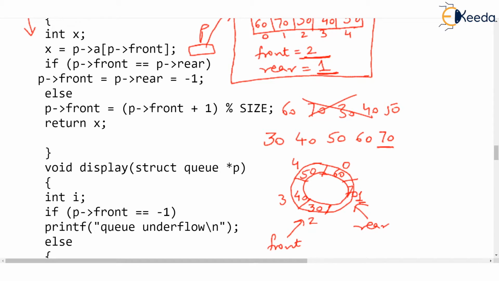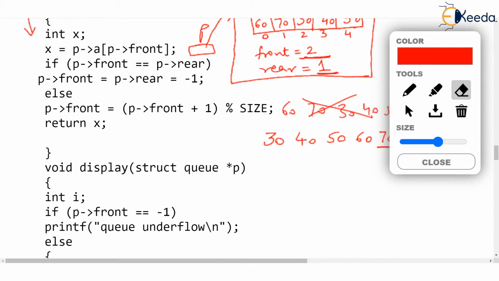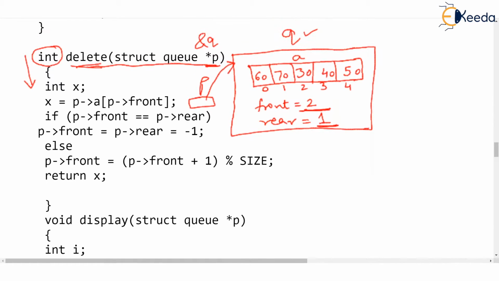So we have to carefully handle a circular queue. It's not that the very first location of the array, that is the 0th location, has to be the first element. You have to see what the value of the front counter is, and depending on that, you have to decide which is the first element and remove it.